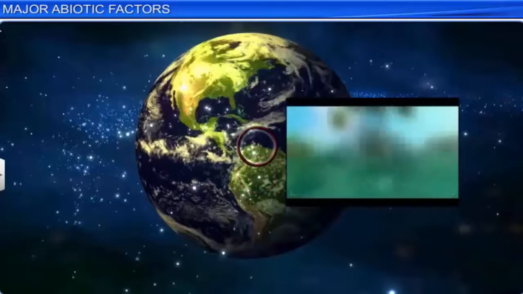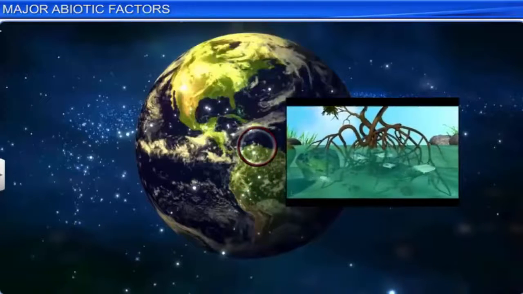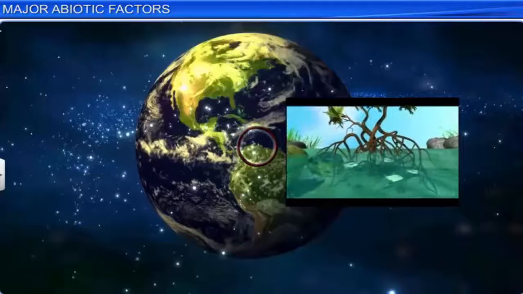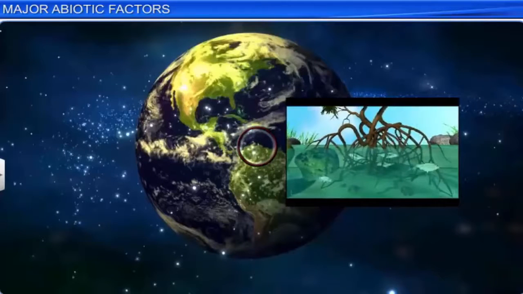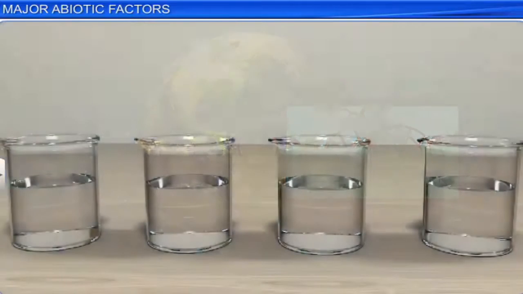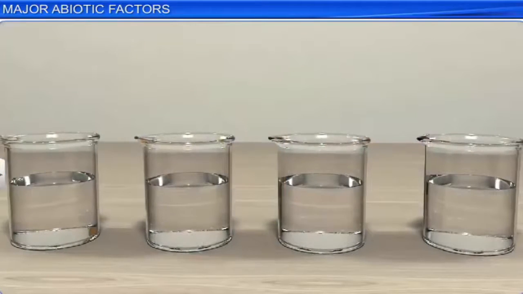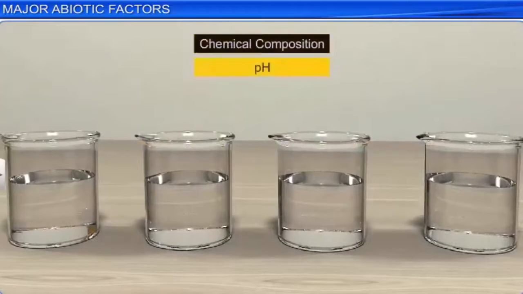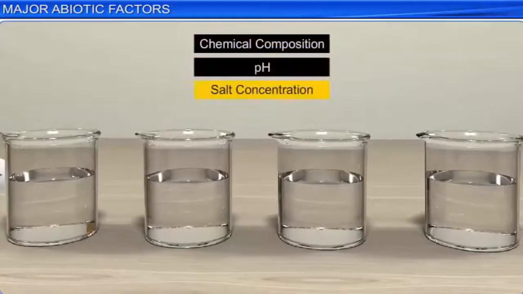Apart from the availability of water, the quality of water is also important for organisms, particularly those living in aquatic habitats. Quality of water means the chemical composition, pH, as well as the salt concentration of water.